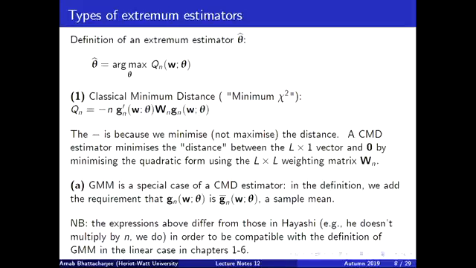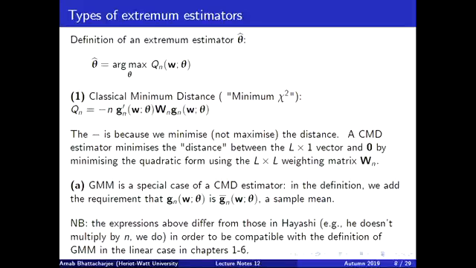Right. So classical minimum distance, what is minimum distance? Minimum distance is a scalar, right? So how do you get a scalar objective function? Well, what you do is you take some distances. So these guys are distances, right?